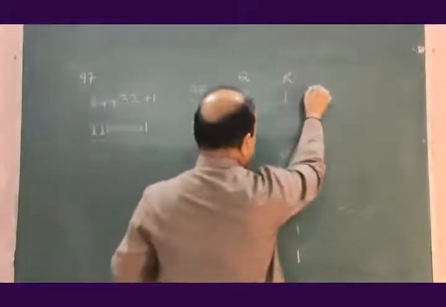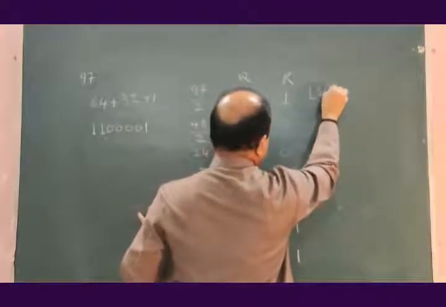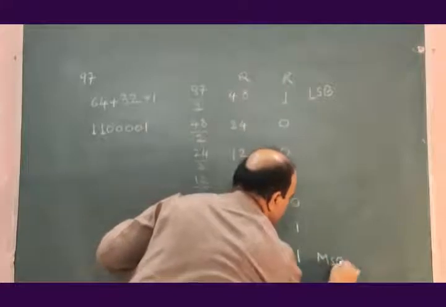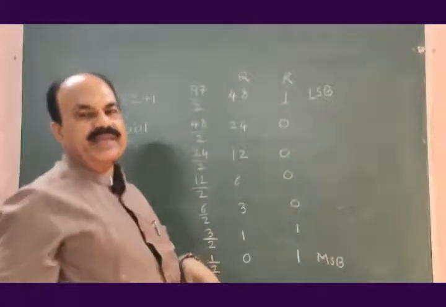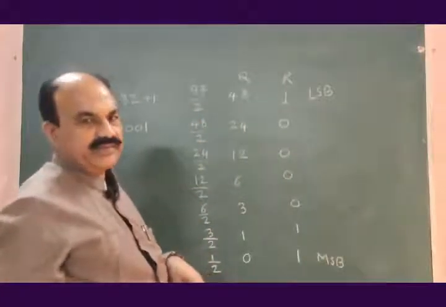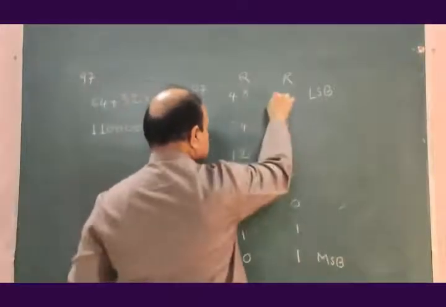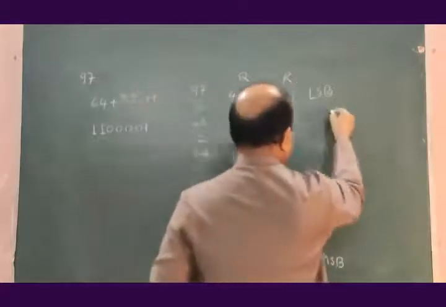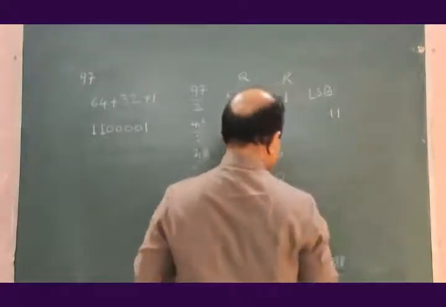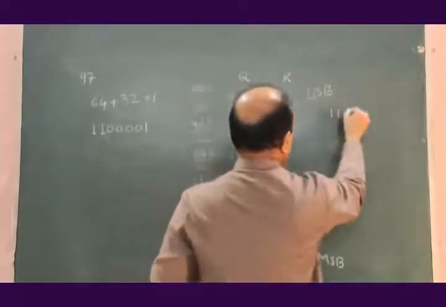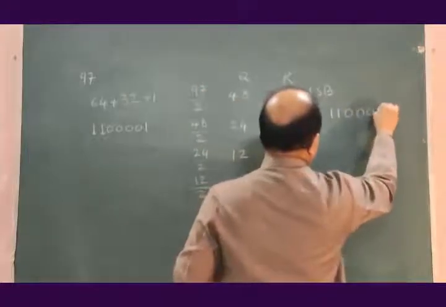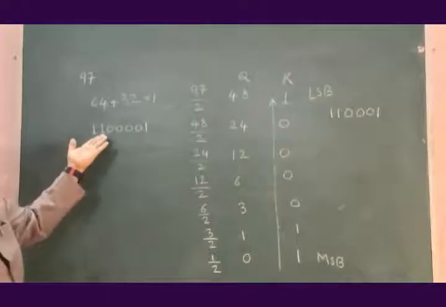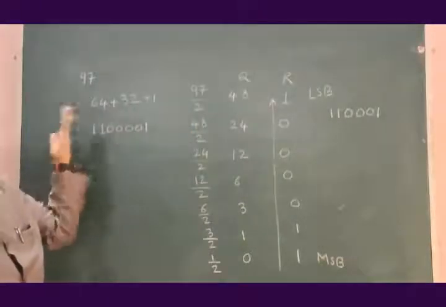The first remainder will be the LSB. The last remainder will be the MSB. Collect them this way: 1 1 0 0 0 0 1.